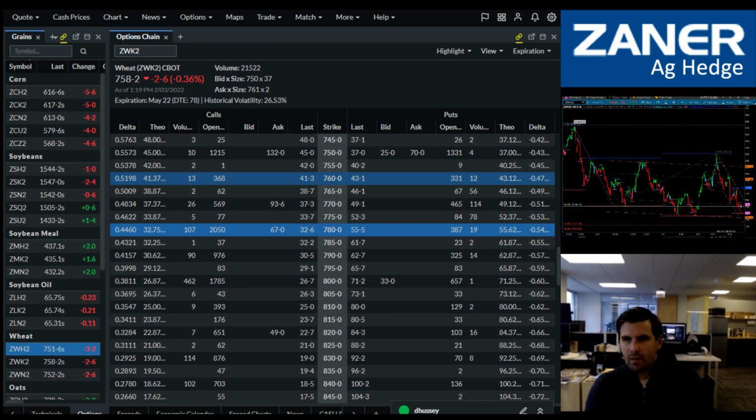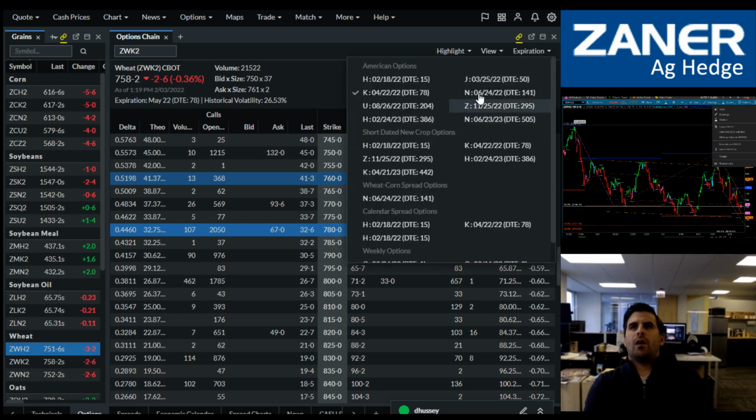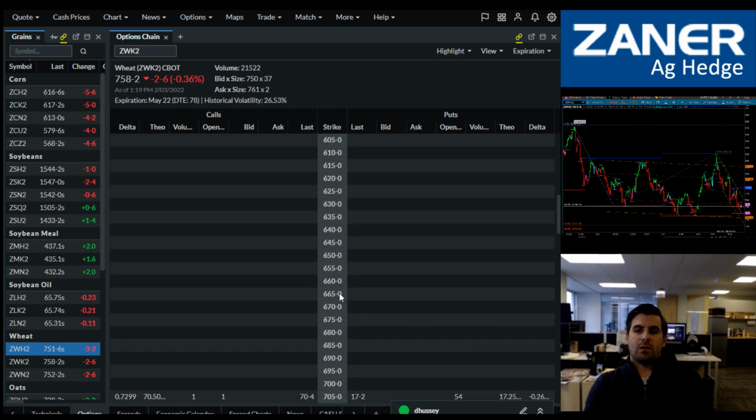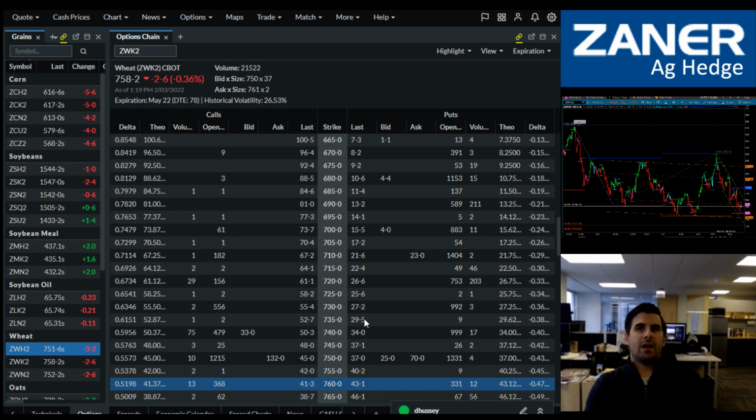Okay. So now that we've looked at some of the option ideas, one last one. For wheat, I think that May time frame is also interesting to look at for downside. I did say that the 730, 740 area makes sense, but at a 30 cent cost to get a 730 or 735 put for that same time frame, that means your break even is at $7.